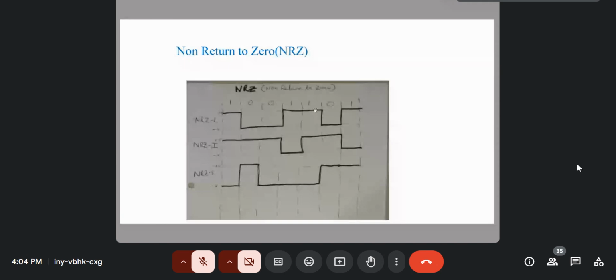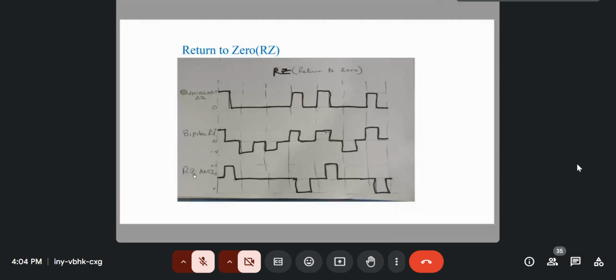Then we have what we call return to 0 AMI, alternate mark inversion. So this one you are inverting on mark. As I said, we have carried mark to mean a 1 and a space to mean a 0.